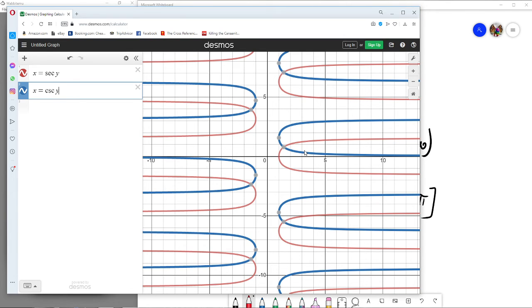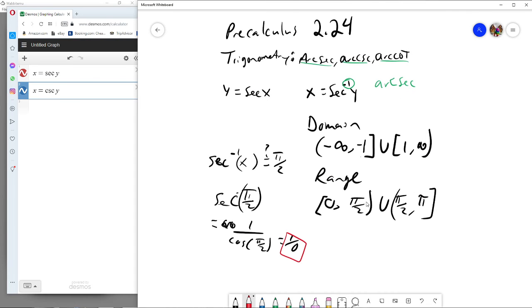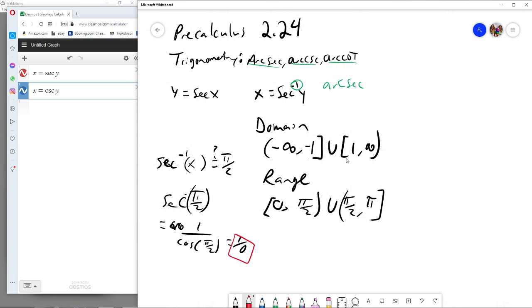You can see how they're just a shift up from each other. So our range restrictions are going to be pretty much the same, just shifted over a little bit, and we'll still have the same domain.